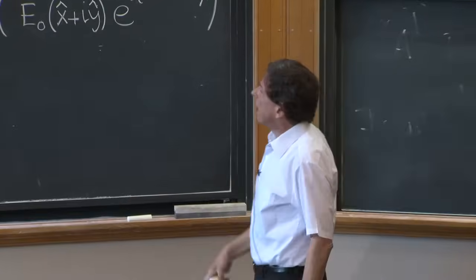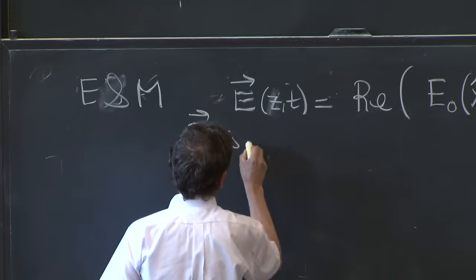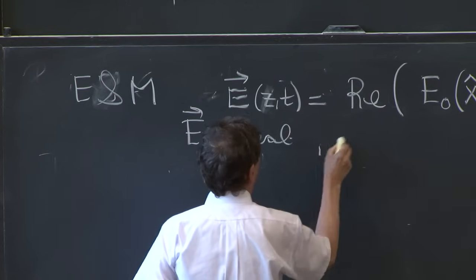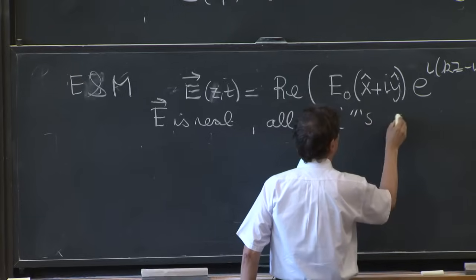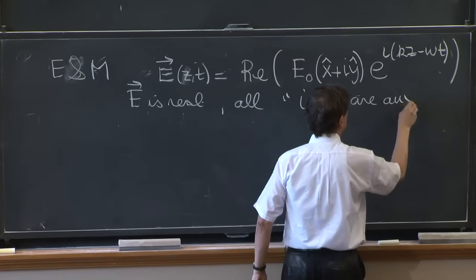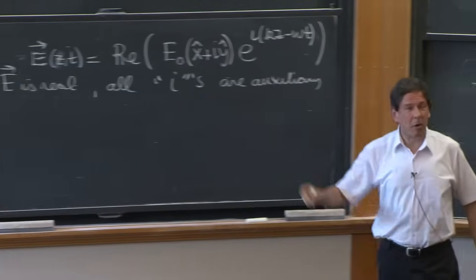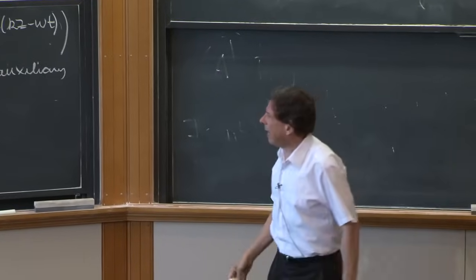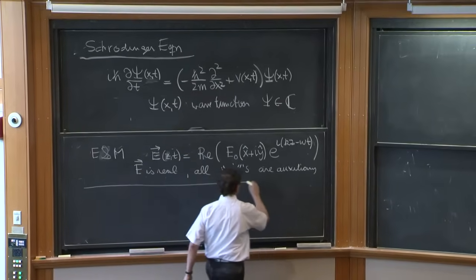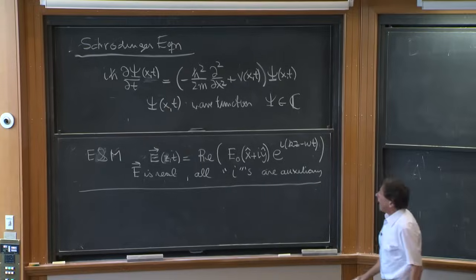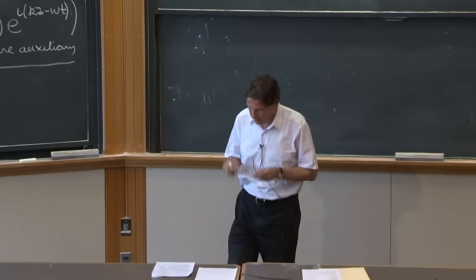So in here E is real, and all i's are auxiliary. This is completely different from the case of the Schrodinger equation. This i there is fundamental. The psi is the dynamical variable, and it has to be complex.